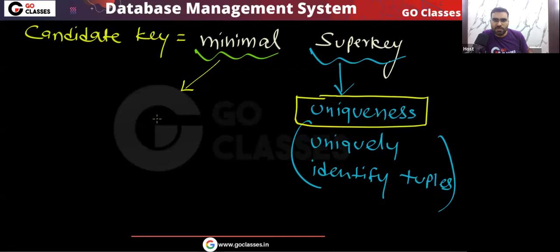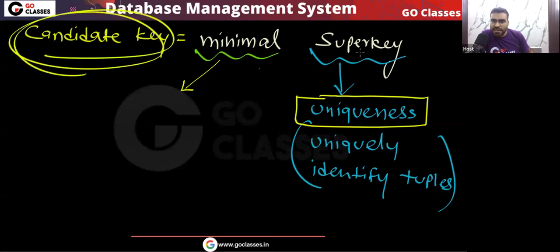Agree with me? Minimal means I cannot delete any attribute from the candidate key, because if I delete any attribute, then the uniqueness property will be gone, the super key property will be gone.